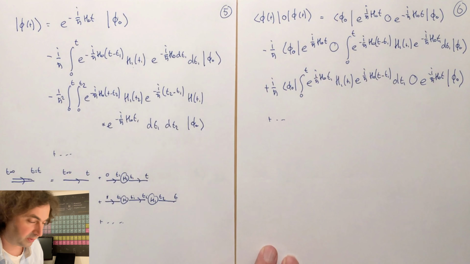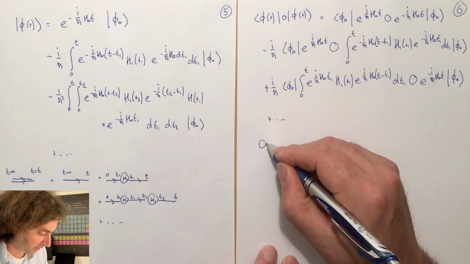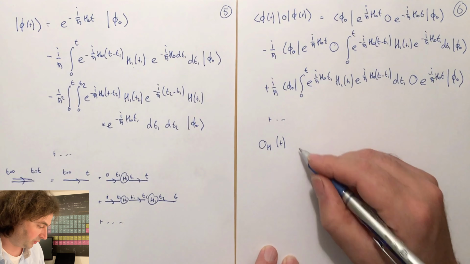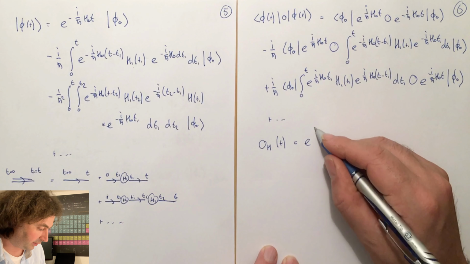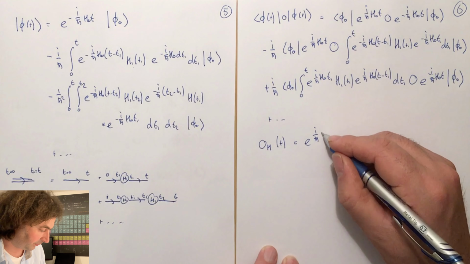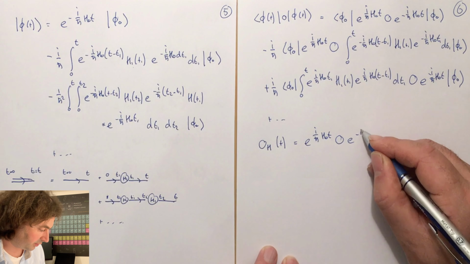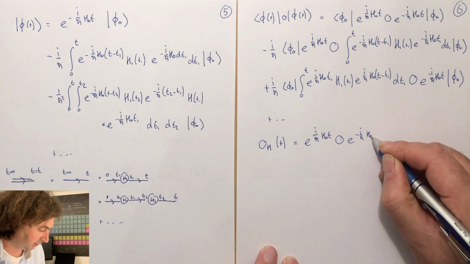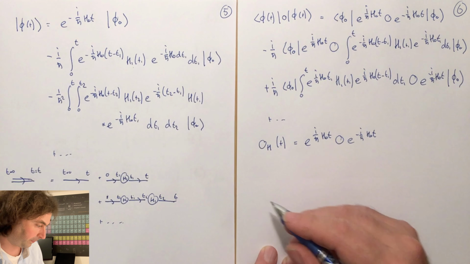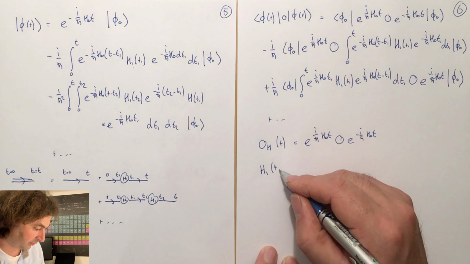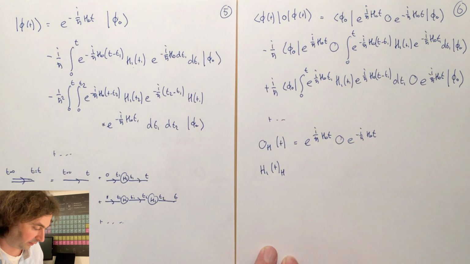Now let's write our operators in the interaction picture. So O_H of t in the interaction picture is e to the i over h bar h0 t O e to the minus i over h bar h0 t. And you have to be a bit careful because I have time independent operators and time dependent operators.